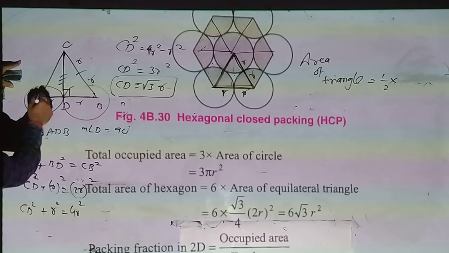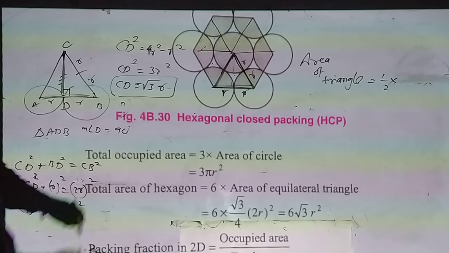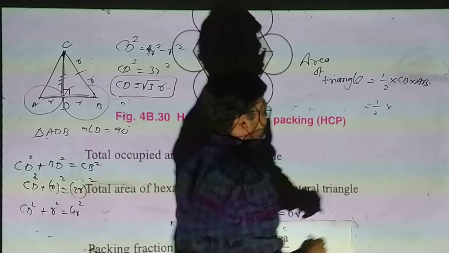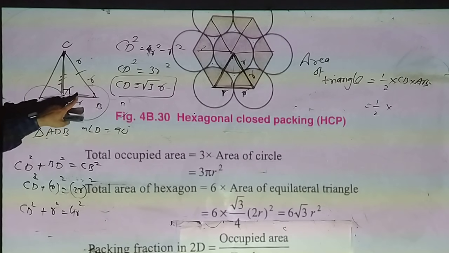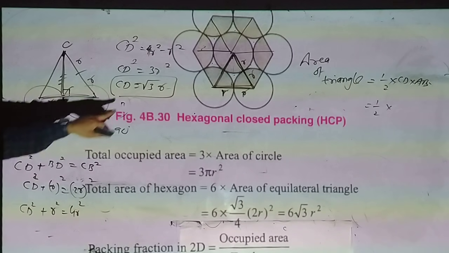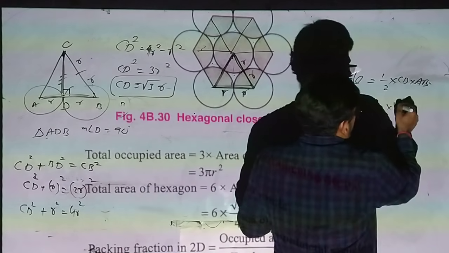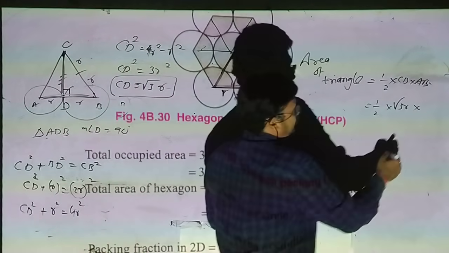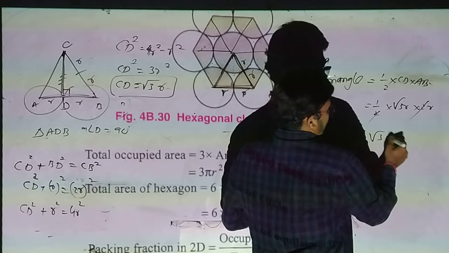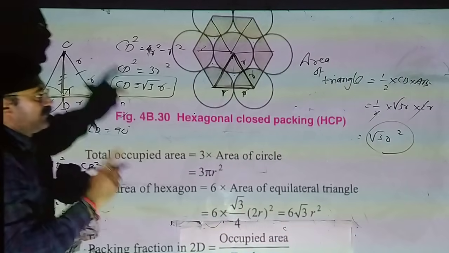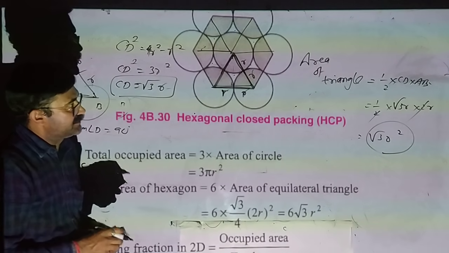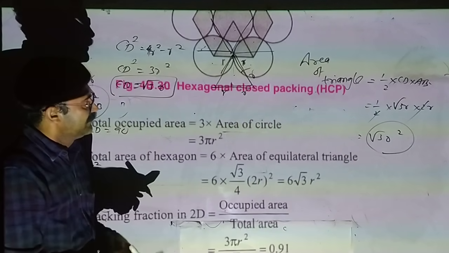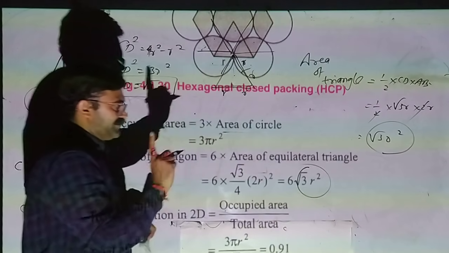CD is derived as root 3 R. AB is the base, A to B, 2 times R. 2 cut, so root 3 R square is the area of one triangle.